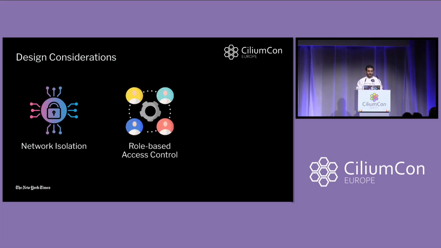Another factor we looked into was role-based access control, and it's essential to have proper access. So when a tenant is onboarded into a multi-tenant cluster, they don't gain access to resources that they don't own. And last, we talk about resource management. That's important because if we want to manage a multi-tenant cluster, we want to optimize for cost, and we want to make sure everything is running efficiently.